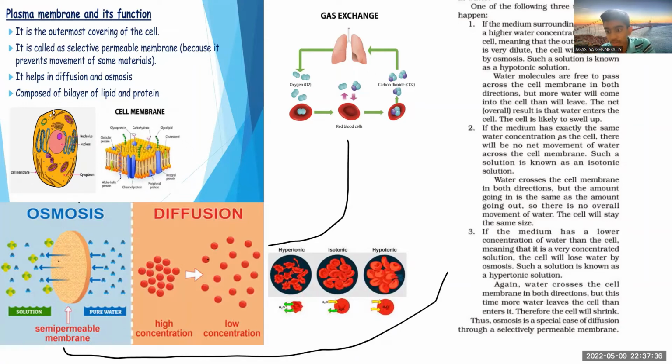Therefore, the cell will shrink. So if the medium has a low concentration of water, the cell is big and the concentration of water outside is low. Clear? It means that it is a very concentrated solution, and the cell will lose water by osmosis.